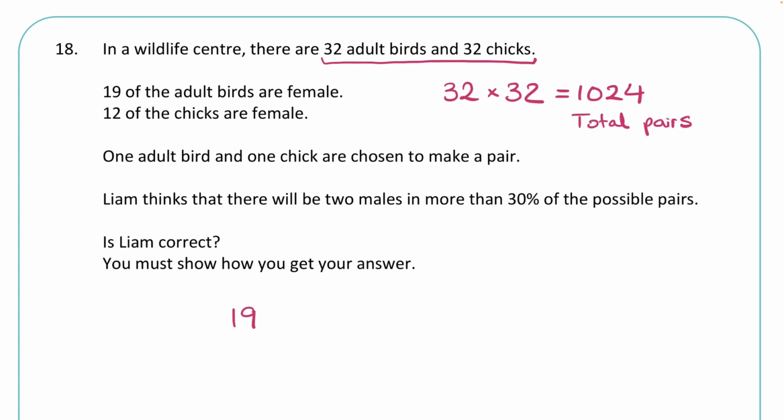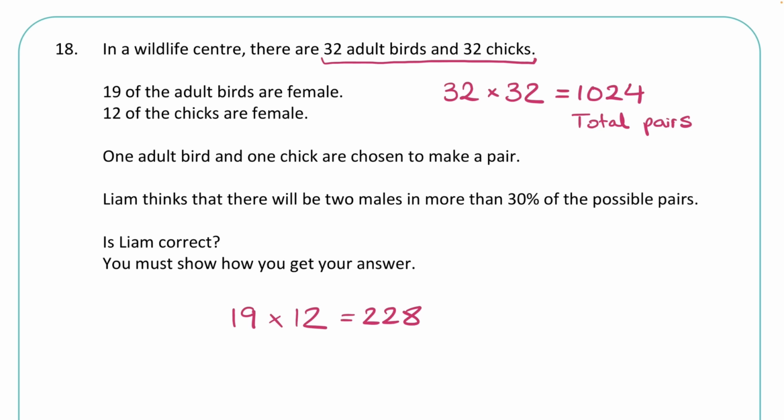And it says that there are 12 of the chicks that are female. So if we picked a female, that would be multiplied by 12, and that calculation would be the total number of possible pairs that would have 2 females. So 19 times 12 gives us 228. So that's the total amount of pairs that would be 2 females.